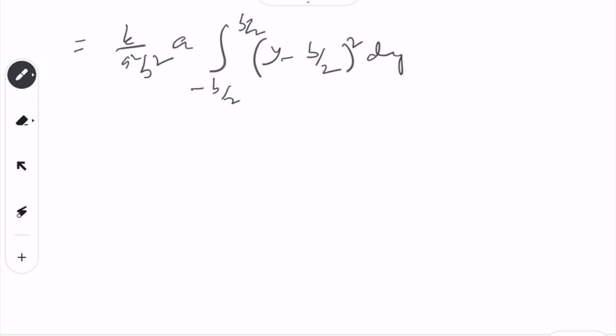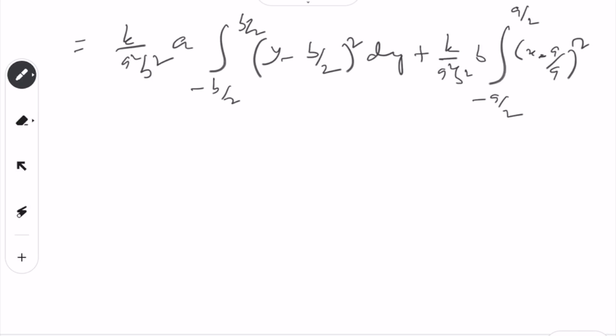Okay, similarly we get plus k over a square times b square, and then you get b here, and minus a over 2 to a over 2 and x minus a over 2 square dx.